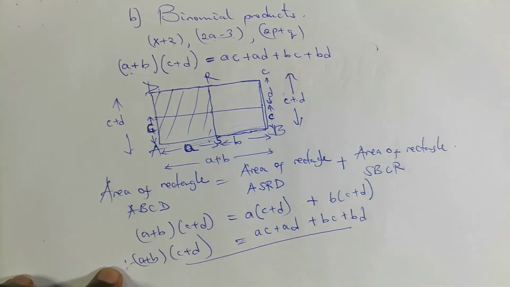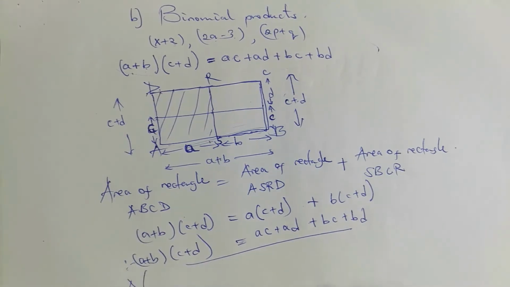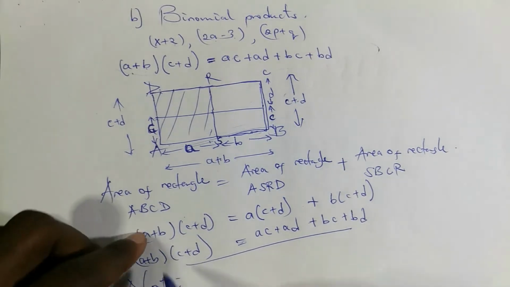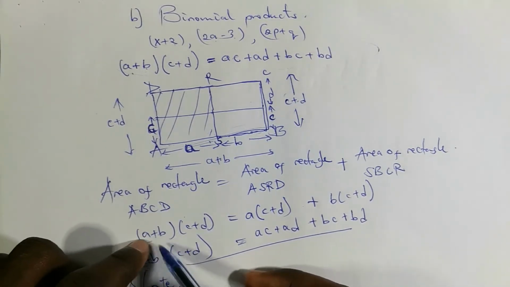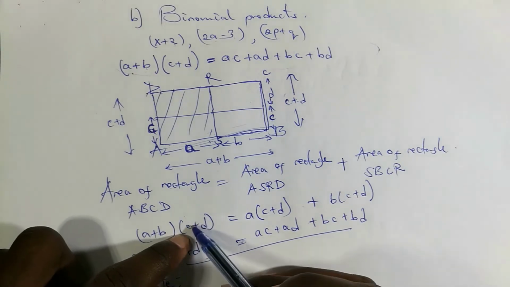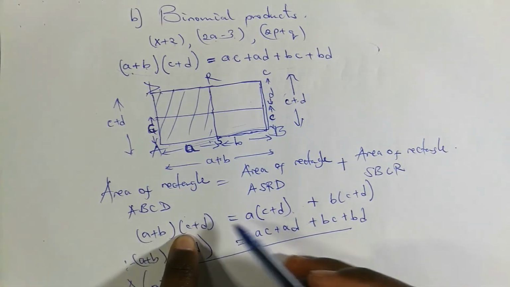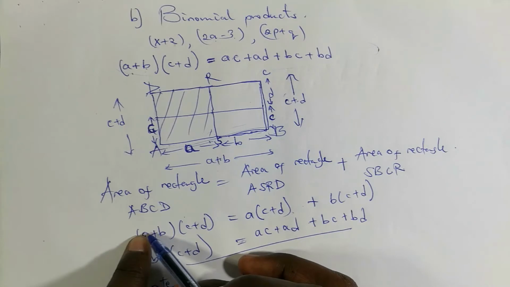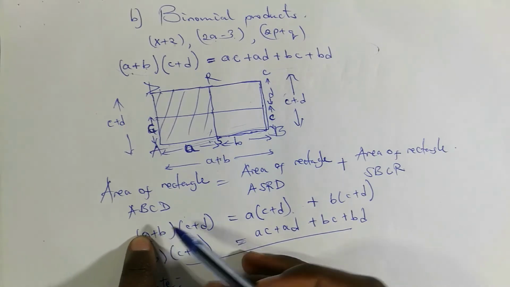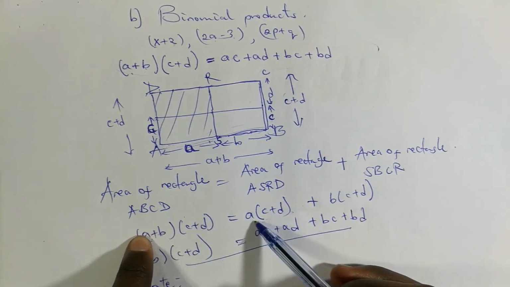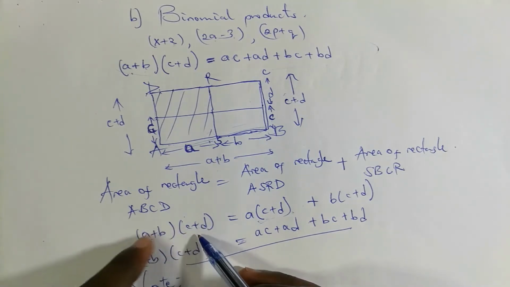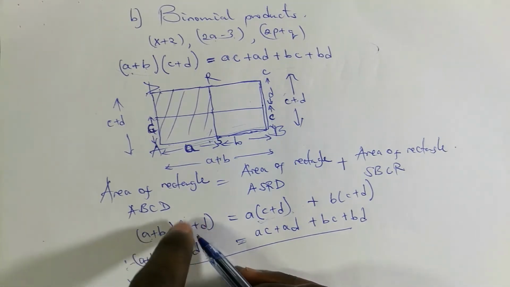And now the next thing we're going to do, we can realize, let me first make a conclusion here before we proceed. If you realize that here the second expression, C plus D, is being multiplied by each term inside the binomial expression A plus B. If you can see here, the second one is multiplied by each term in the first expression.